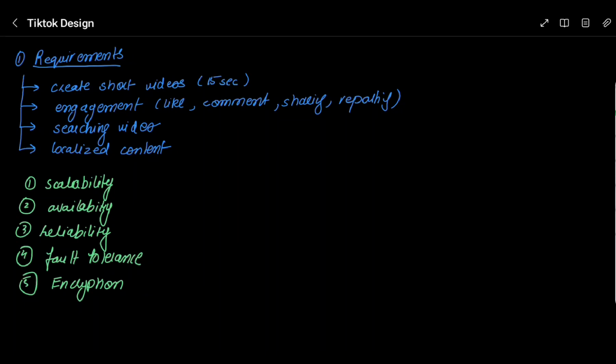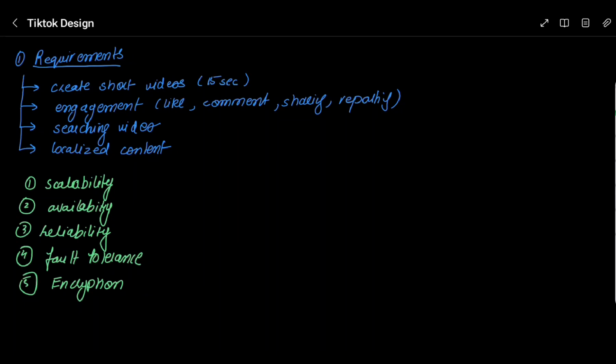Now, before you begin laying out the solution, it's always wise to talk about numbers and inquire about those numbers from the interviewer, because it gives a really good impression that you're taking care of those numbers in your head. You're making sure what kind of request count your services would be exposed to, what kind of storage capacity you are dealing with.